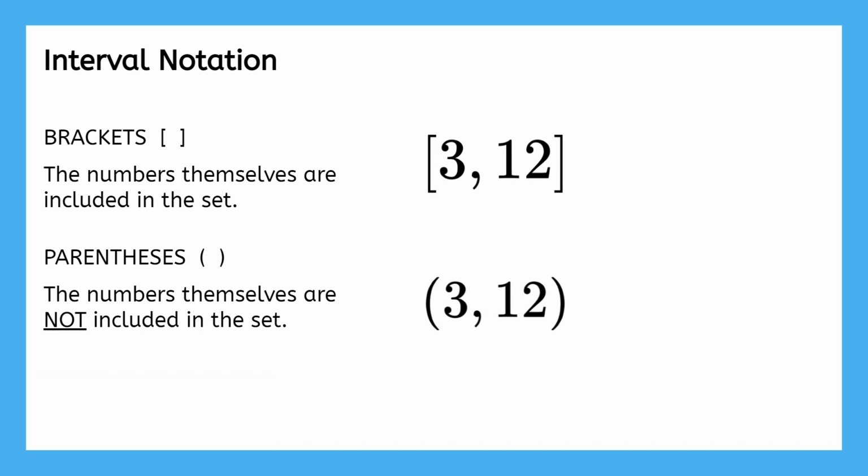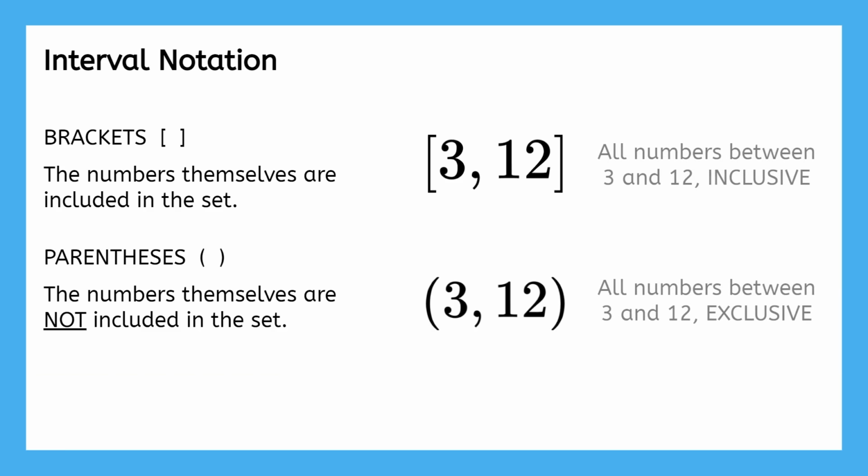The above set, 3, 12 in hard brackets, represents all numbers between 3 and 12, including 3 and 12. Another way you might see these written is 3 to 12 inclusive versus 3 to 12 exclusive. Inclusive means including the 2 numbers at either end, and exclusive means excluding.